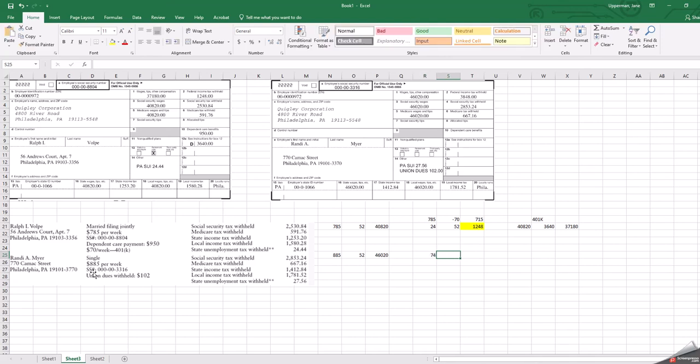So 74 times 52 gives us the $3,848. So that double checks his federal income tax. The other items were given to us there. You're going to have to do this on your payroll project, possibly in your homework. So you would set up your W-2s in your payroll project the exact same way that we're looking at these ones here.